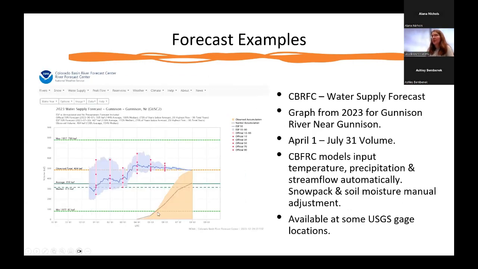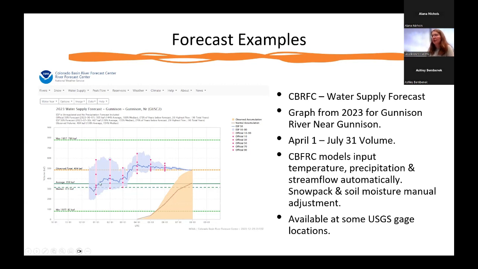Okay, so I wanted to throw in this graph because this is kind of their big product that they're putting out in terms of the water supply forecasts. I just wanted to walk you through how a forecast might unfold. So I pulled the values from 2023. This is the Gunnison River near Gunnison. As you walk through, time is on the bottom. The purple cloud is showing the range of the forecast, where they think your maximum and minimum possibilities are.